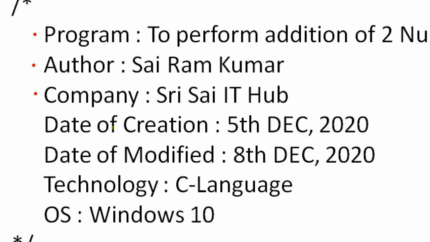Sri Sai IT Hub. And next, the date of creation, last date of modification, and the technology used: C language to write the program, and the operating system in which this program has been written: Windows 10. Like this, we can write multiple lines of text as comments using a multi-line comment.